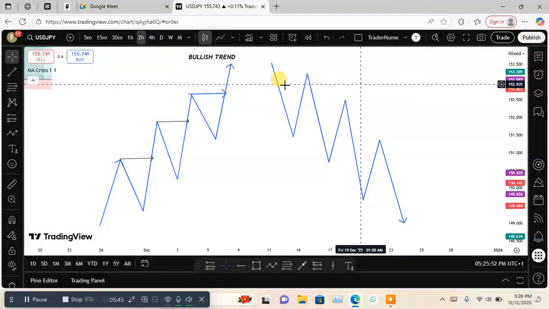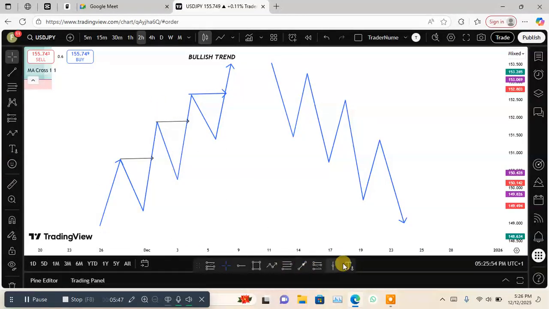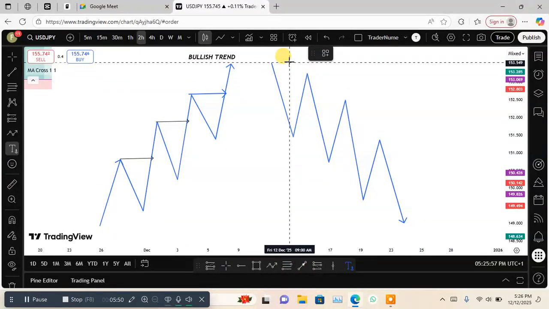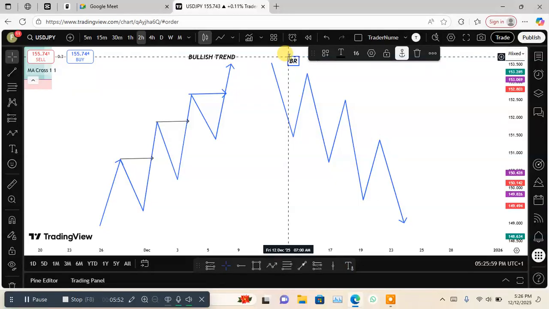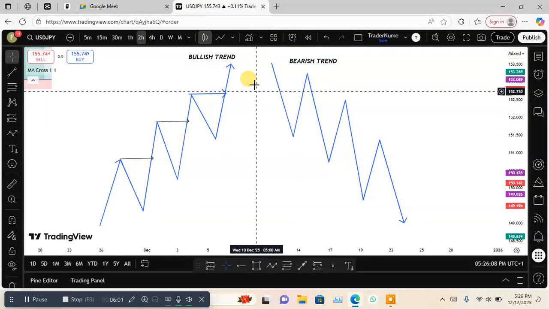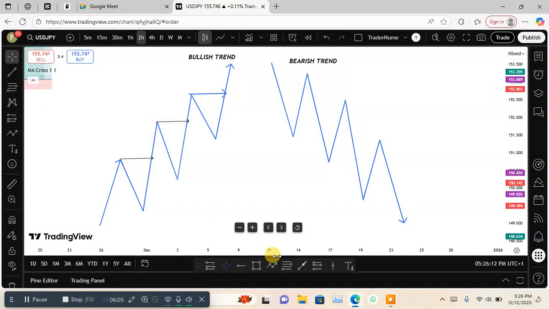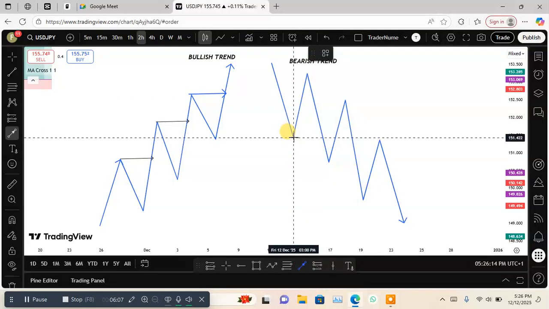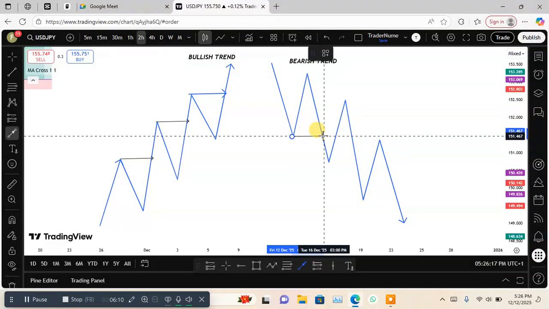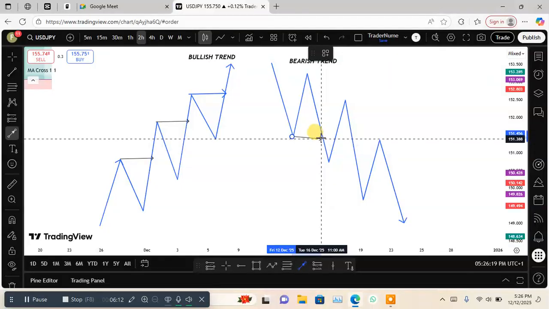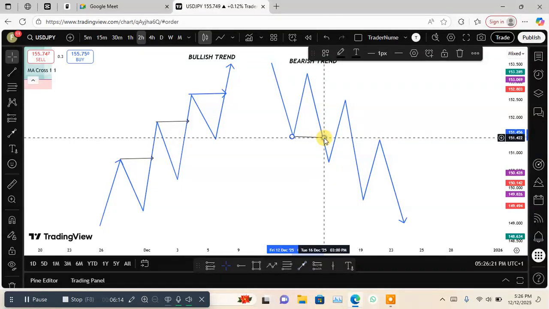This one is a bullish trend, this one is a bearish trend, because price continues breaking each low. It's also a break of structure, but it's breaking it downwards, right? Price is breaking it downwards, breaking it downwards.